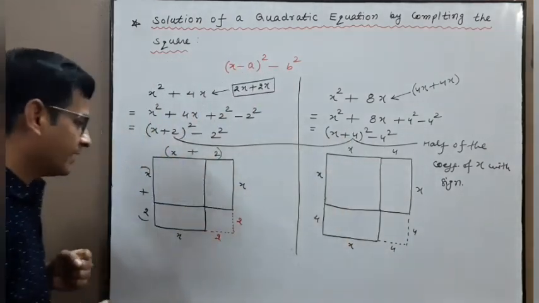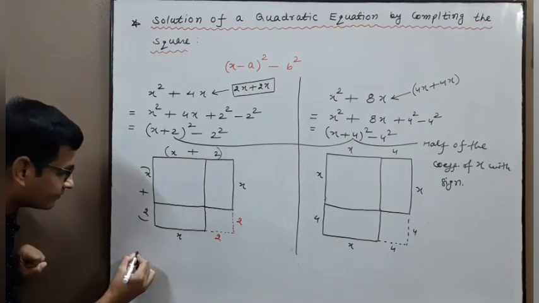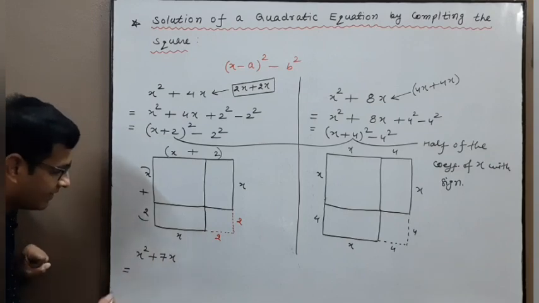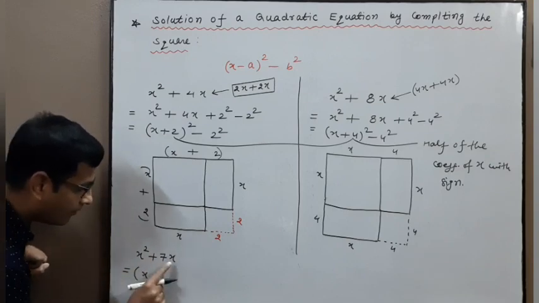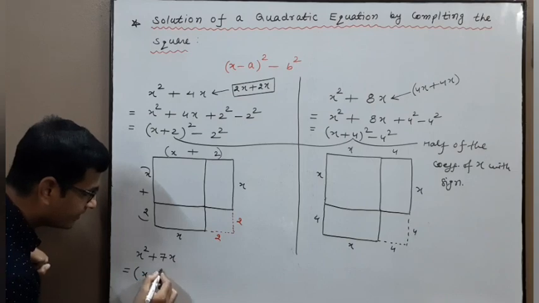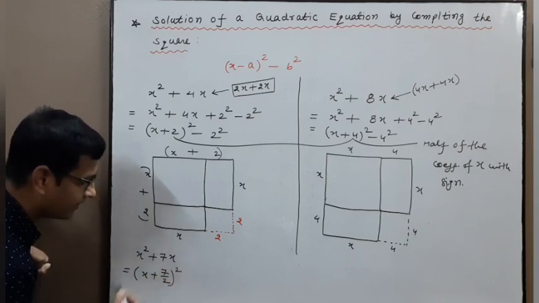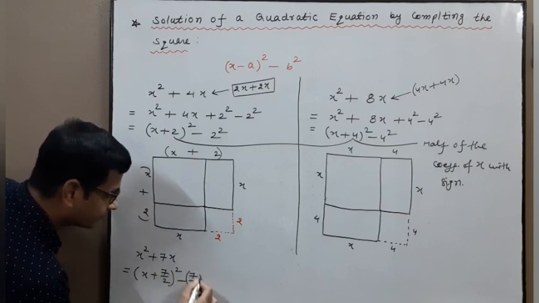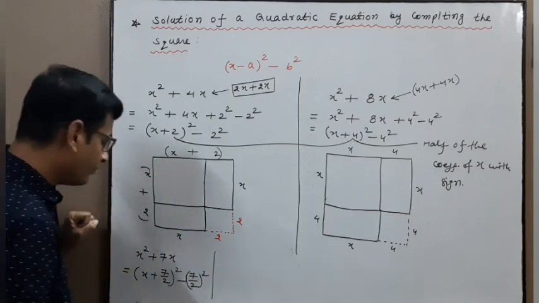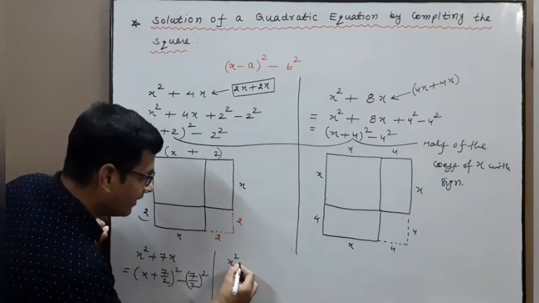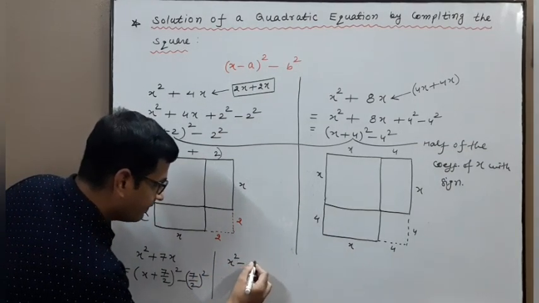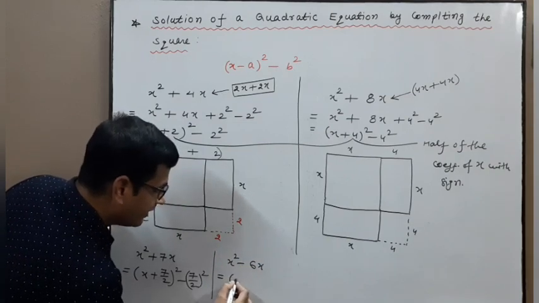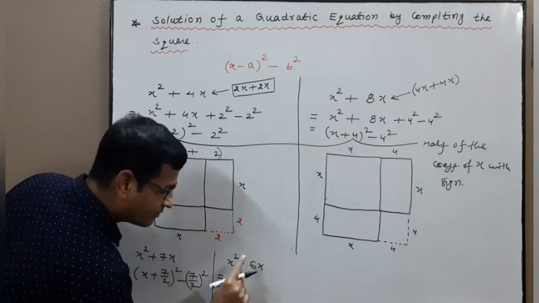And now we'll take a few examples for practice. x square plus 7x. Then directly you can write x, half of coefficient of x means 7 by 2 whole square, minus 7 by 2 whole square. Now take a few negative numbers. x square minus 6x. So here write x, half of coefficient of x with sign.